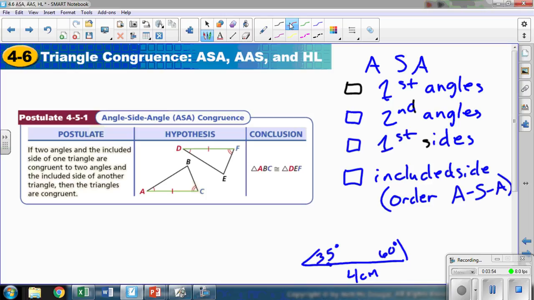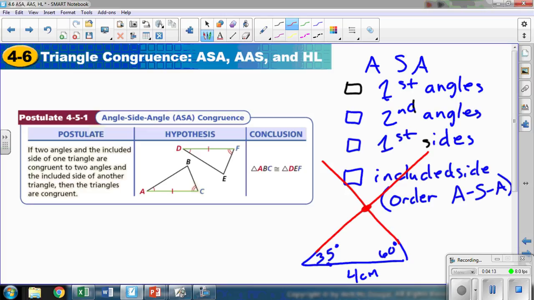The only thing we could do is extend this outward and say, we know that the side has to be somewhere on there to maintain the 35 degrees. We know that the side has to be somewhere along there to maintain the 60 degrees. Wherever they intersect, that's all we've got.